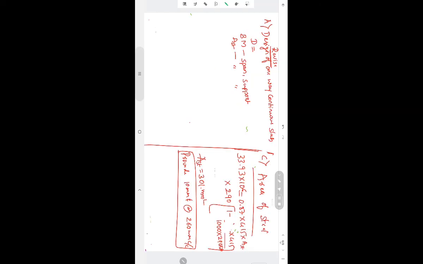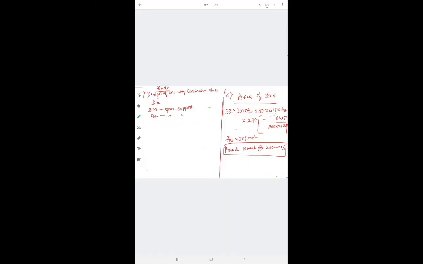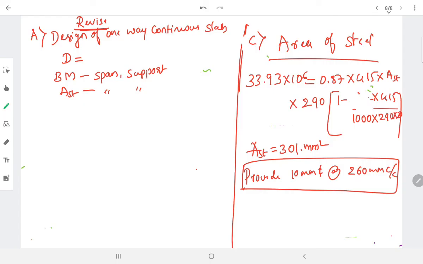And afterwards we have even checked for the depth also. So depth of the slab, bending moment in the span and support, and AST required for that. Then we went for step B, that is the analysis of portal frame.